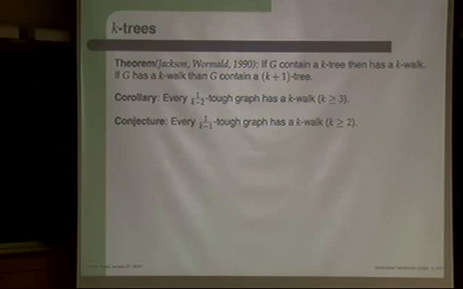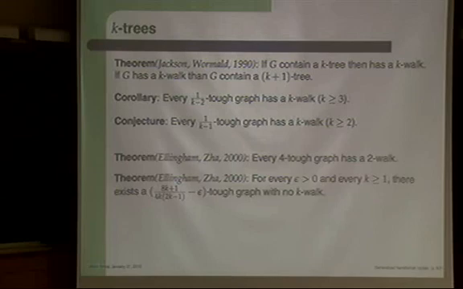So we restrict ourselves to k equal to 2, because this theorem doesn't tell anything about 2-walks. What is known about 2-walks is this. These two guys in 2000 proved that 4 is enough for the existence of a 2-walk, which is quite a high toughness. Of course, it's not the best result.